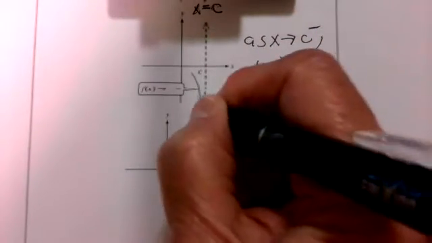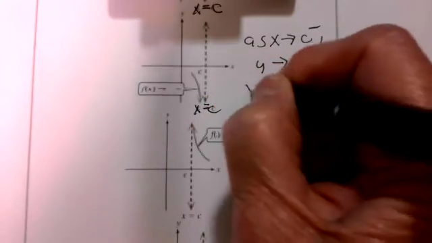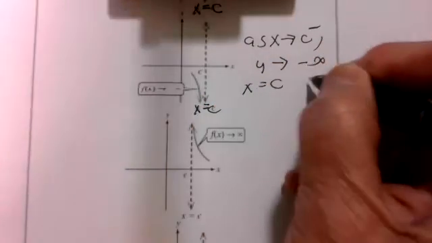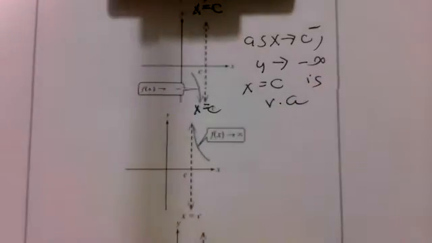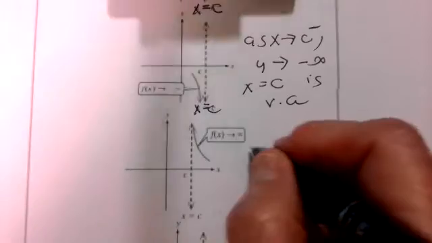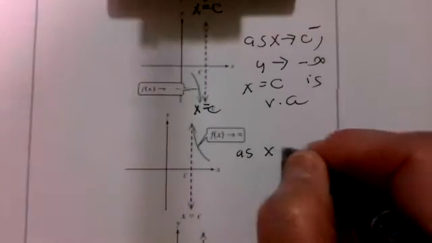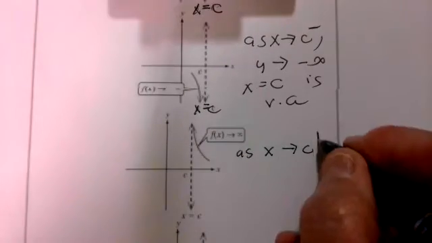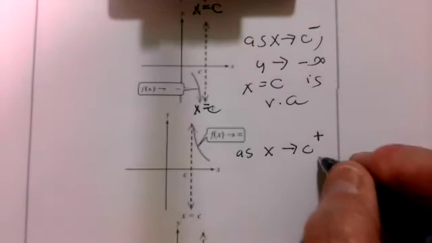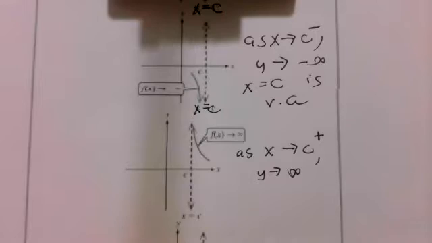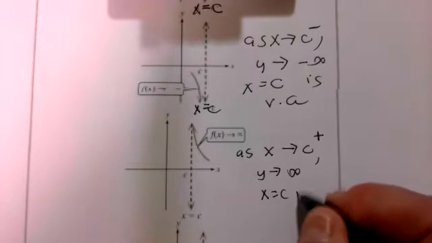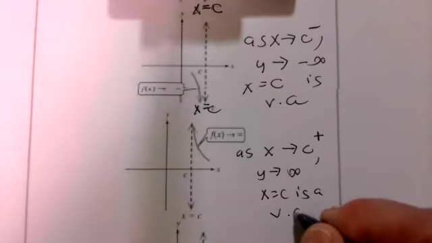And still, x equals c is, I'm going to just abbreviate, vertical asymptote. Now, it could be, like in this case, x is approaching c from the right, and the y is going to positive infinity. X equals c is a vertical asymptote.